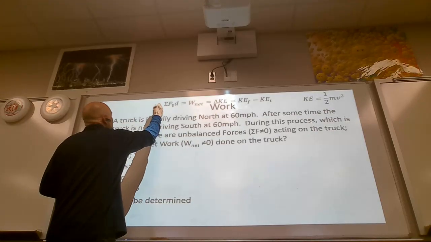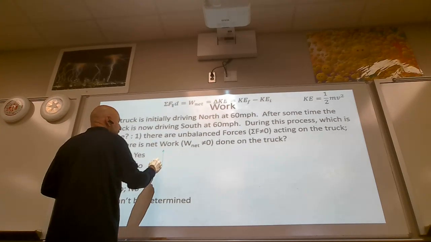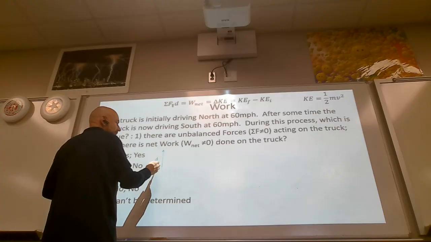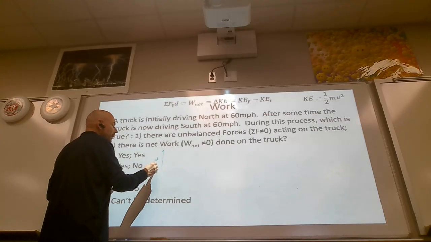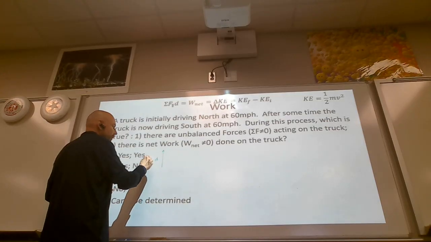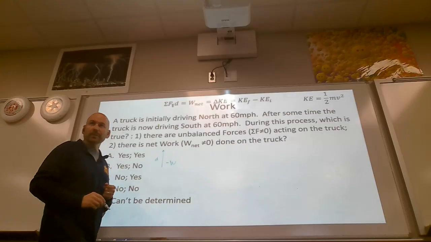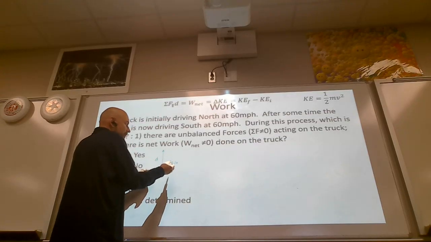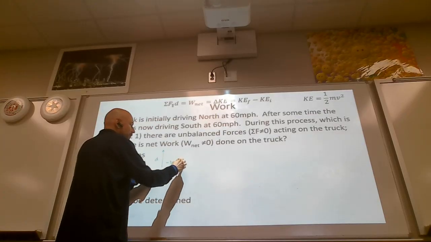So we're going to go northward a certain distance, and during this process, we've got negative work. Negative work is being done, the slowing down process. We're going to say that process was negative 200 joules of work.